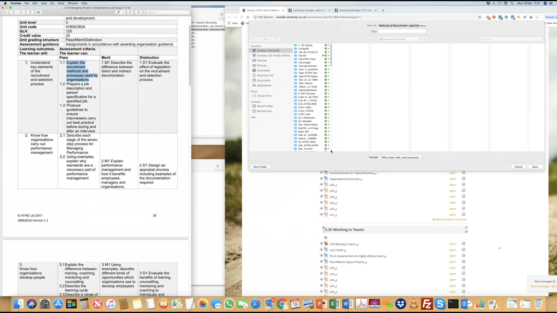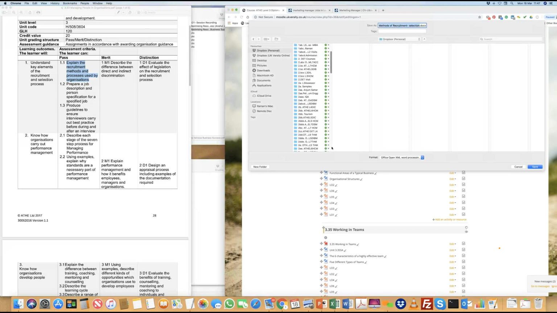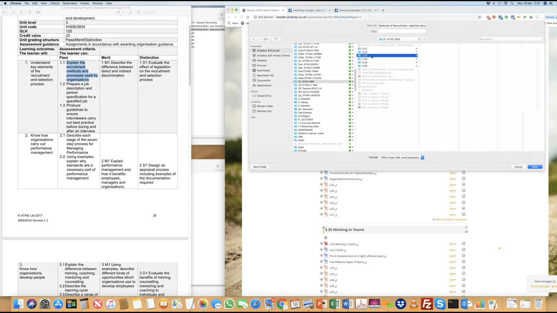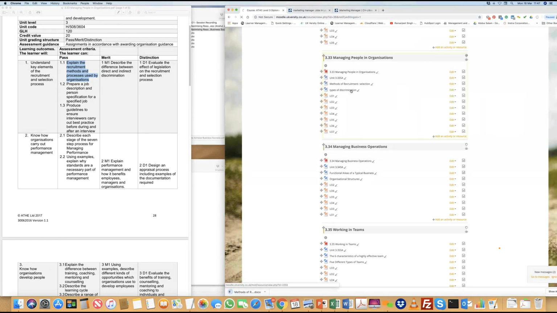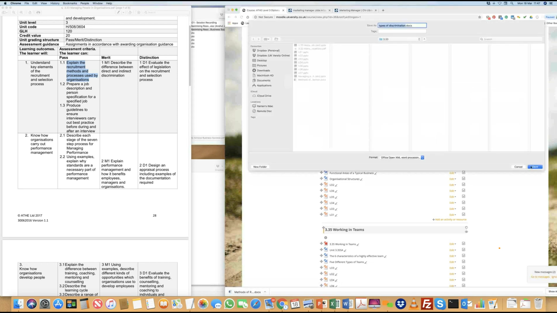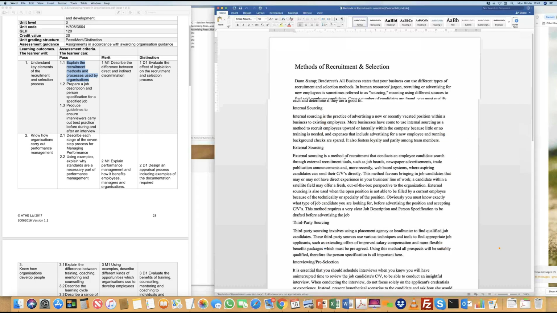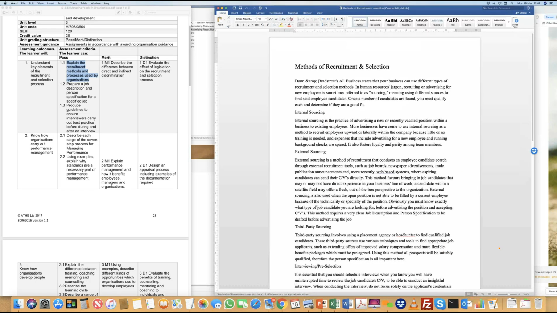If I look at this particular method in specific, just give me 1 second, and I will go to 3.3, save that here, and I will quickly open that up, because these are 2 specific tasks for which I've provided a bit of a handout, which will allow you to understand the whole process of recruitment and selection.